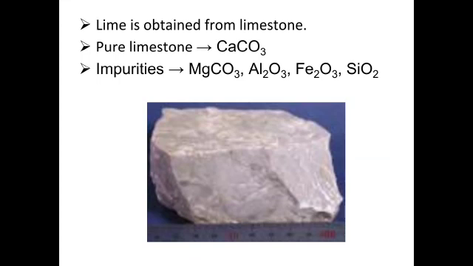Pure limestone formula is CaCO3. When we heat limestone towards redness, it is converted into calcium oxide, CaO, and carbon dioxide. Impurities like magnesium carbonate, aluminum oxide, iron oxide and silica present in the lime act as impurities.